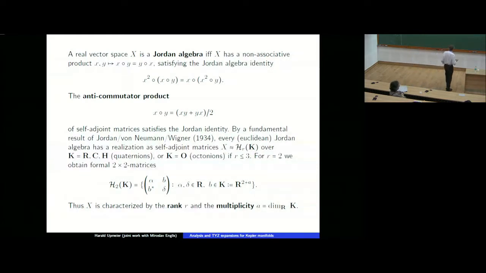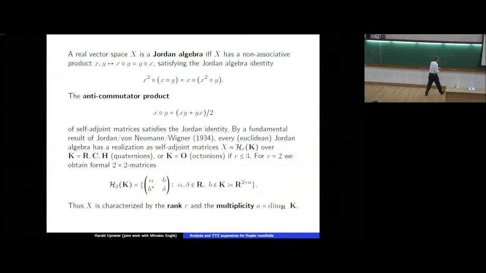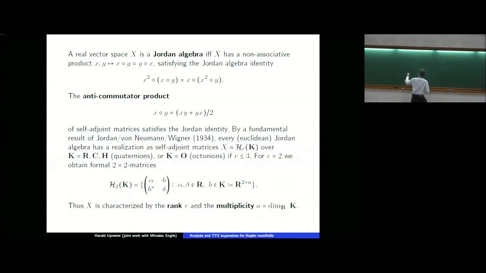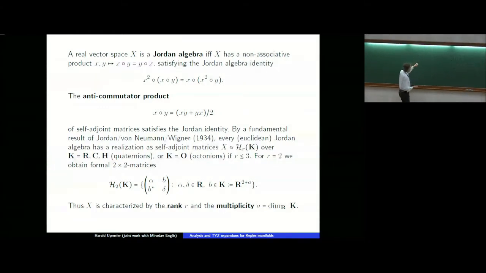It has dimension 27. How do you see this? Well, self-adjoint over Cayley numbers has 3 components of a Cayley number type, but by self-adjointness you need, of course, real on the diagonal. And here you do not get new degrees of freedom because of self-adjointness. These O's are repeated. So it's 27.